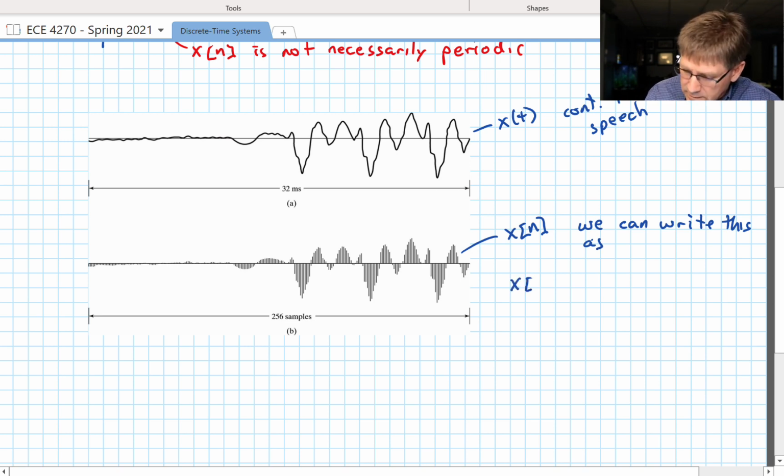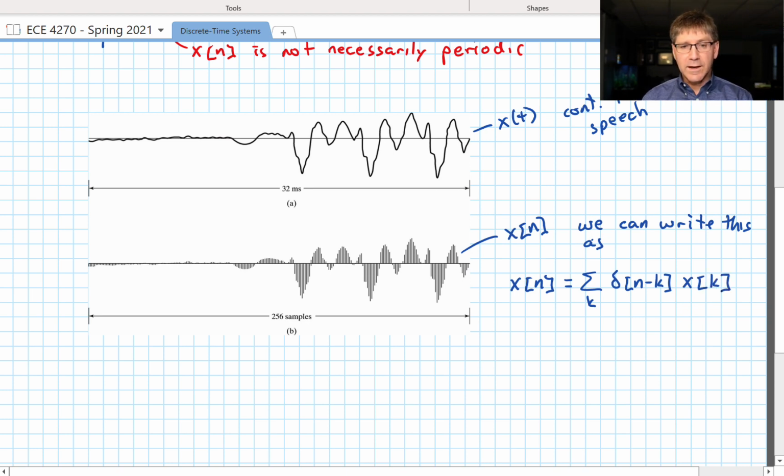As x of n is equal to the sum of delta n minus k times x of k.